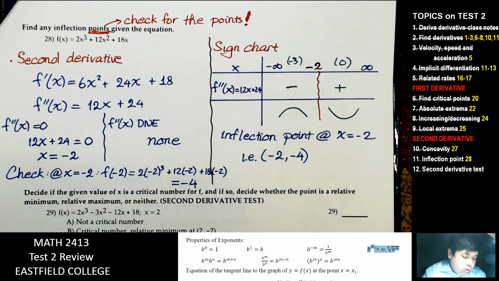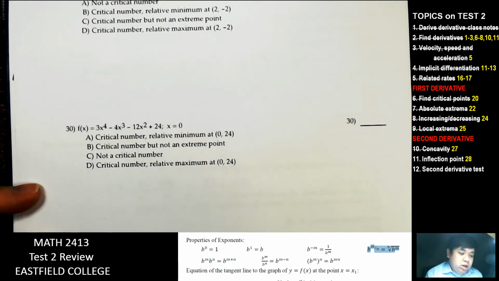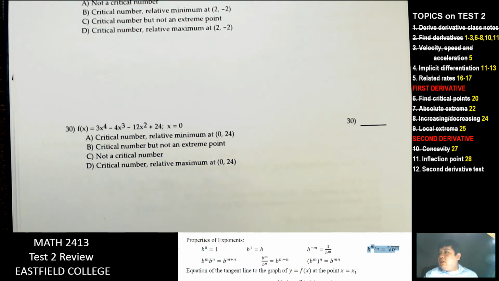And then the second derivative test, the last topic. We did a lot of this in class. The next one looks more complicated, so we will do that one. So second derivative test.